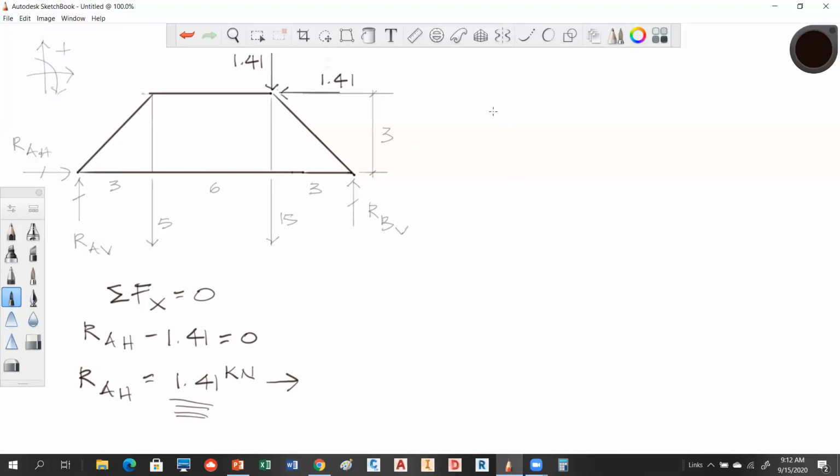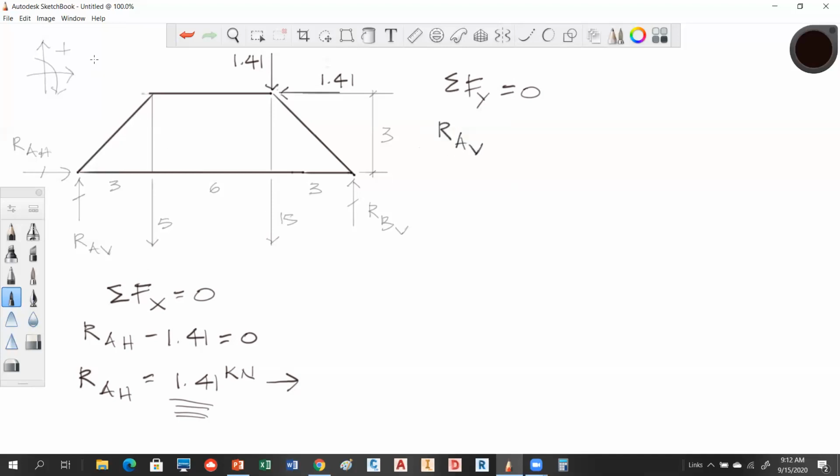So what we now are going to look at is sum of forces in the Y. Sum of forces in the Y have to equal 0. There's a lot more going on in the Y. So we have RAV, and I indicated it going up.